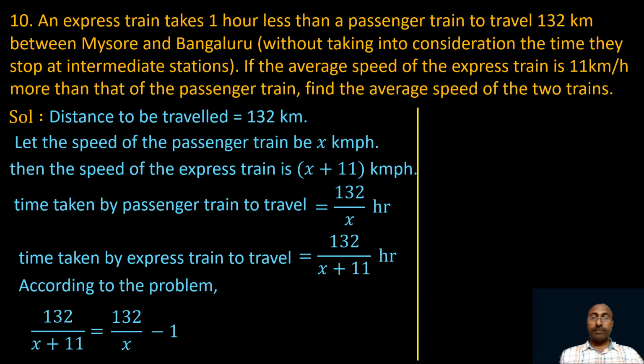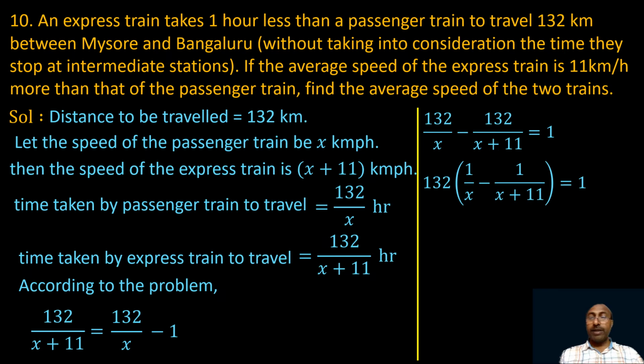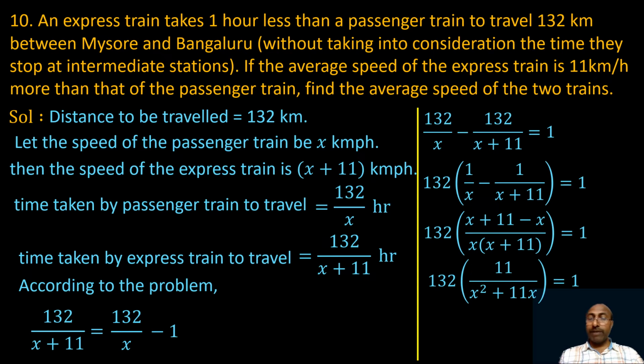Okay. So now we can write 132 by x minus 132 by x plus 11 equal to 1, and we can take 132 common, that is 1 by x minus 1 by x plus 11 equal to 1. By simplifying the terms in the bracket we get 132 into x plus 11 minus x by x into x plus 11, that is 132 into 11 by x square plus 11x equal to 1.